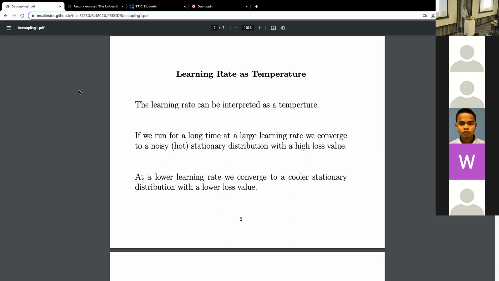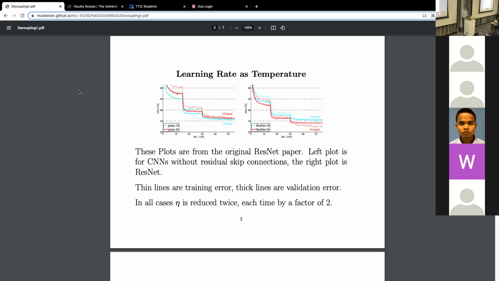Okay, so this is what I just said. This is just a picture from the original ResNet paper. This is just a picture of a typical learning rate loss schedule. Here we're running at a higher learning rate. We drop the learning rate. We converge at the new learning rate. Then we drop it by a factor of 2.